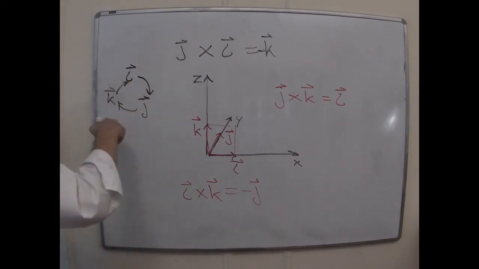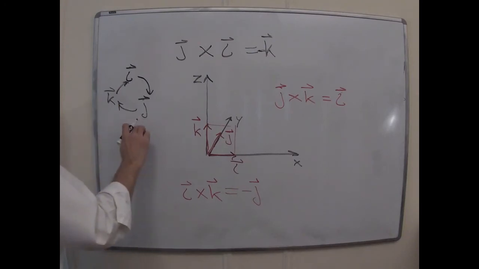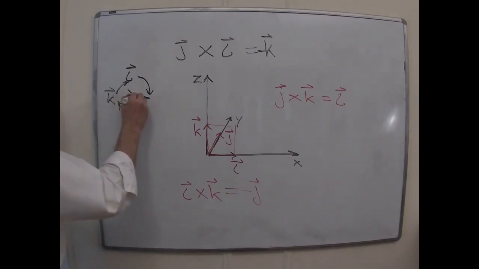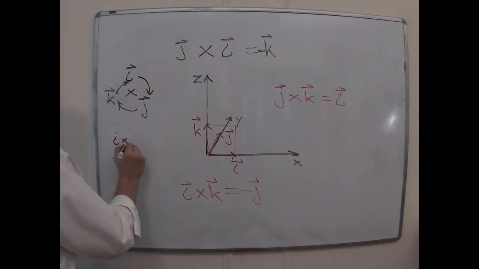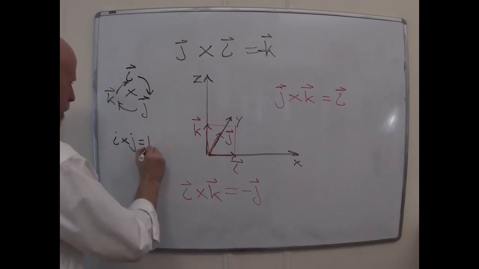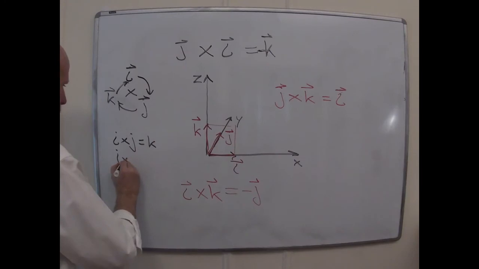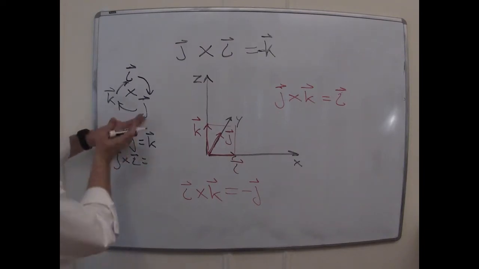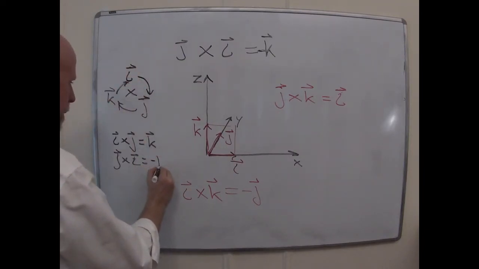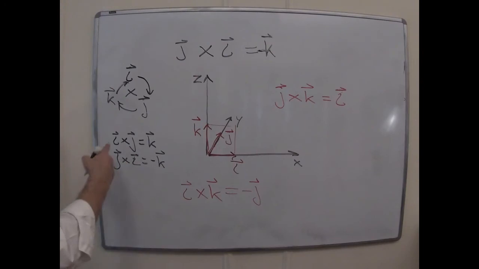Any circularly, following one of these arrows, that'll get you the thing. And if you go against the arrows, it gives you a minus sign. So using that little diagram, you can quickly go i cross j equals k, j cross i, forget these all need vector hats. j cross i is against the arrow, so it's negative k. Perhaps it's not worth me doing that all out, but you get the idea.